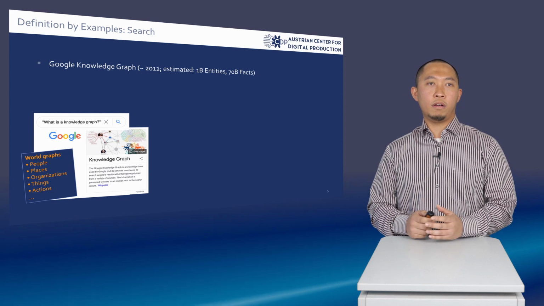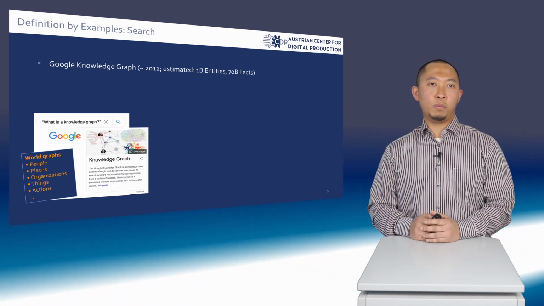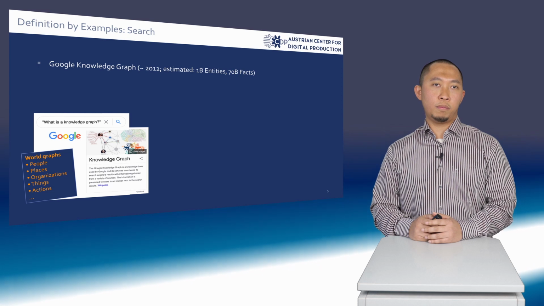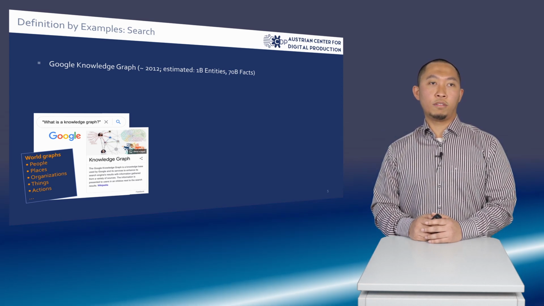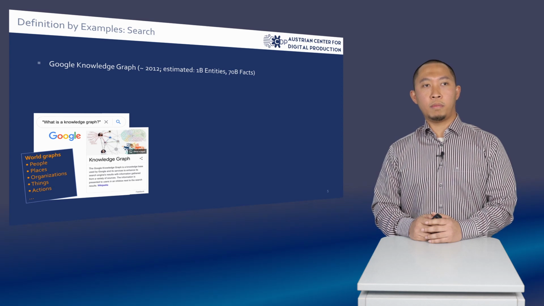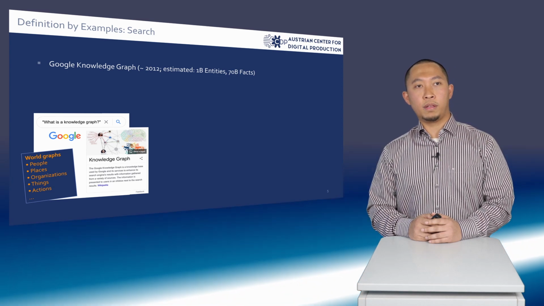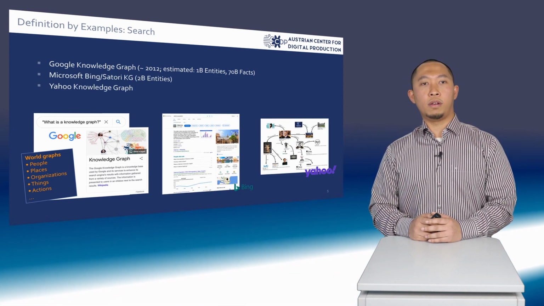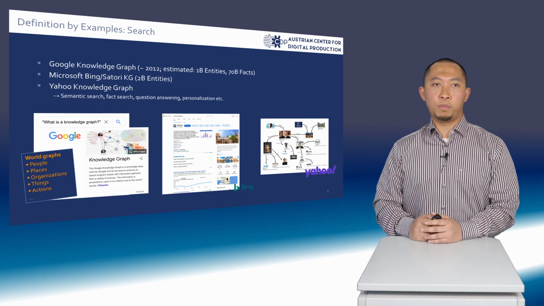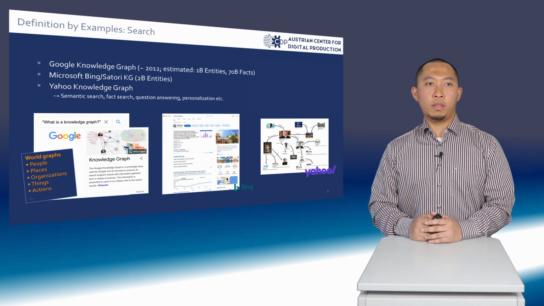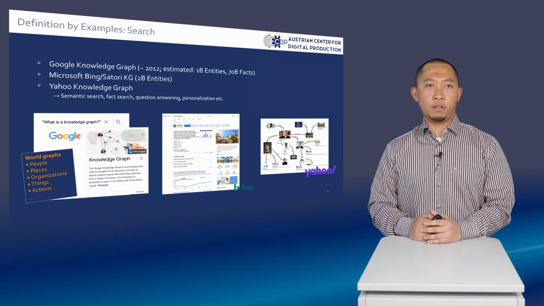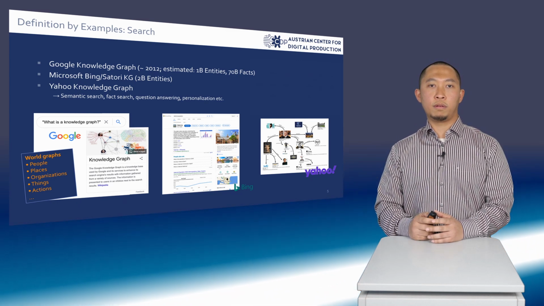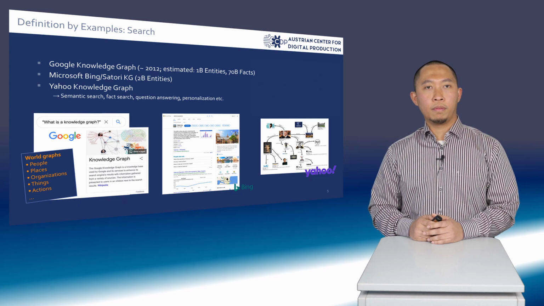It is estimated to have 1 billion entities and 70 billion facts in 2012. And it's the same with Microsoft Bing that also has its own knowledge graph of about 2 billion entities, and also the Yahoo Knowledge Graph, that also provides semantic search, fact search, question answering, personalization, and etc.